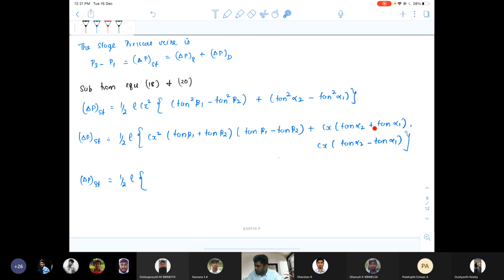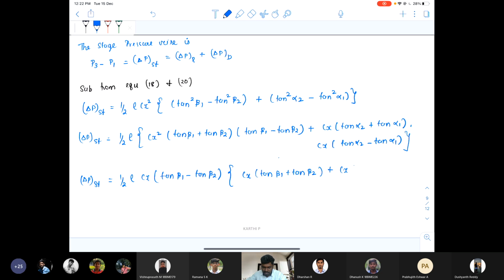We should rearrange this entire equation and write it in such a manner that you will be getting 1 by 2 times rho Cx into tan beta 1 minus tan beta 2 into Cx tan beta 1 plus tan beta 2 plus Cx into tan alpha 2 plus tan alpha 1.